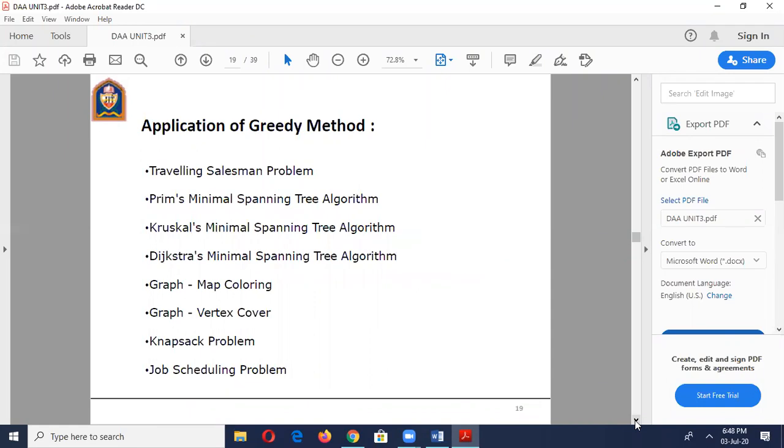Next, sir. The applications of greedy methods are the traveling salesman problem, Prim's and Kruskal's minimum spanning tree algorithms, graph coloring, graph vertex covering, the knapsack problem and the job scheduling problem. Next slide, sir.